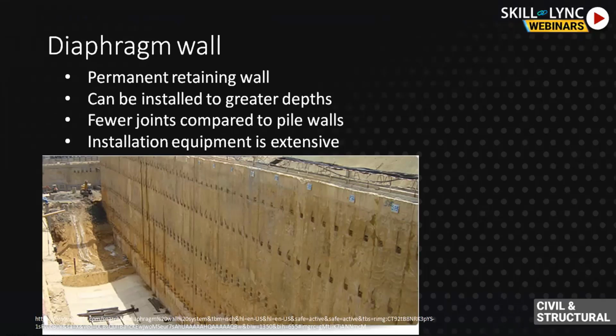Even here, there are two types, grab and mill, used for the construction. There are standard grab sizes for the construction of a diaphragm wall. So those things have to be looked into, like what the panel size is, and when the excavation is very deep, then you have to think about the weight of the reinforcement cage.